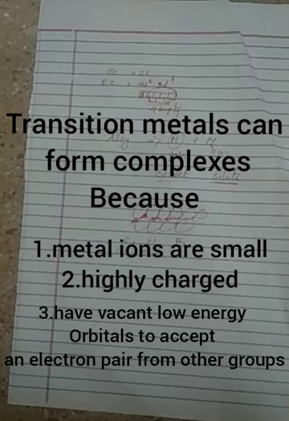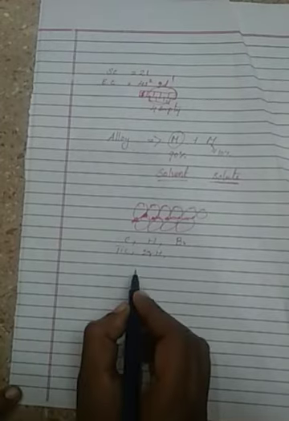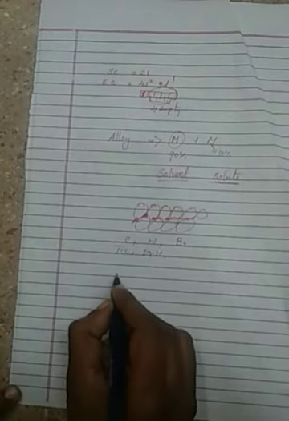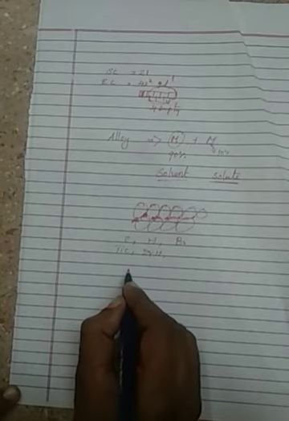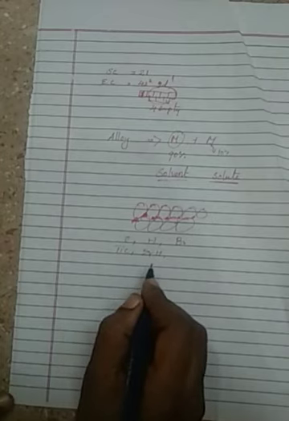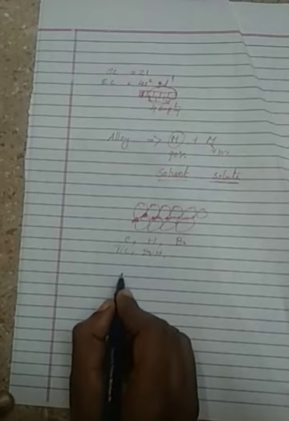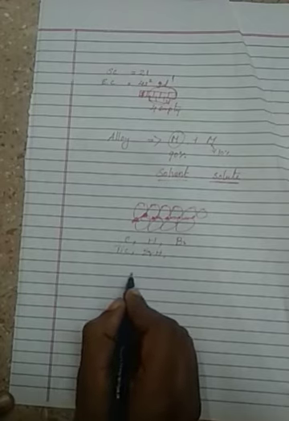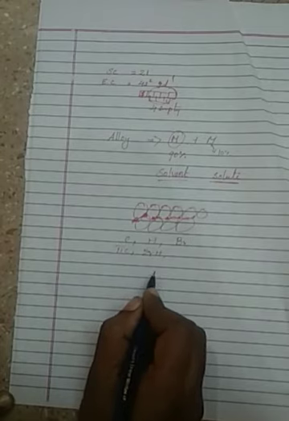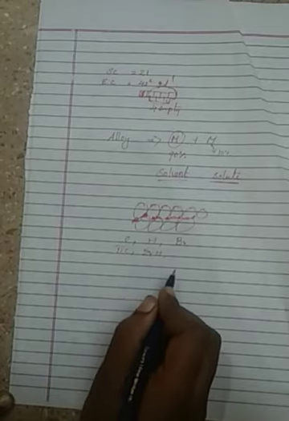Next is one general topic. Almost all of the d block elements are colored. Here also, if the element has unpaired electrons, it is colored. That point you have to remember. If the metal has unpaired electrons, it is colored.